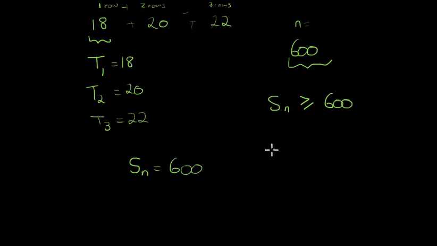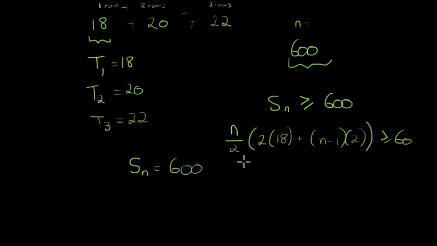Sn represents the sum of an arithmetic series. So I'm taking the total people in row 1 plus the total people in row 2 plus the total. So n is what I'm trying to calculate. How many rows must I have to have at least 600 spectators? So n over 2 times (2 times 18 plus (n minus 1) d, where the constant difference is 2) is greater or equal to 600.